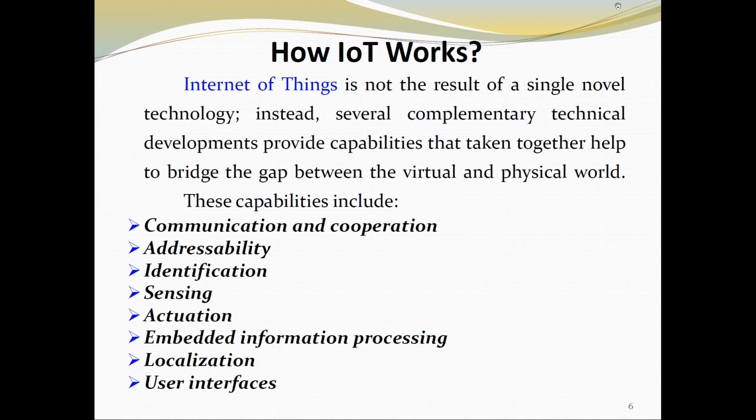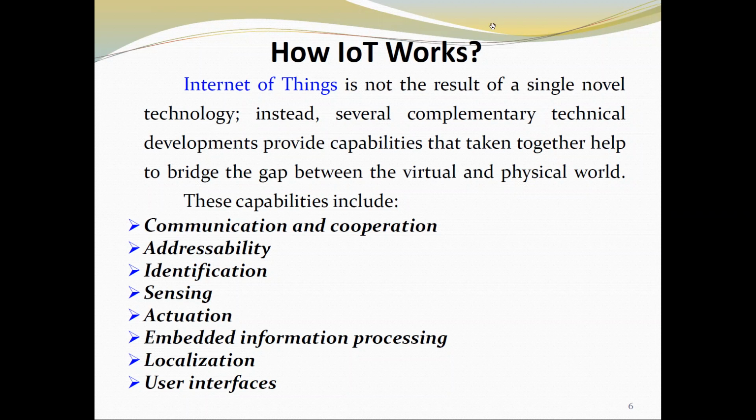So the things that we are doing physically are going to be held in the virtual world with the help of this IoT, that is Internet of Things. The capabilities include, and these are the points we are going to see today: communication and cooperation, addressability, identification, sensing, actuation, embedded information, localization, and user interfaces, right?